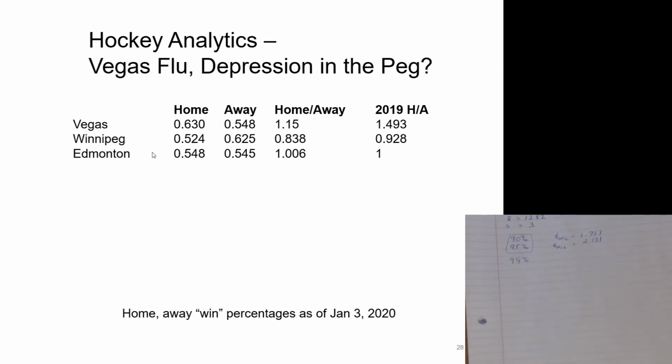This is all based off of when Las Vegas first entered the league. There was this talk about the Vegas flu. That visiting teams go to Vegas, and before COVID there was all sorts of distractions, and they come to the game maybe not in the proper mindset.